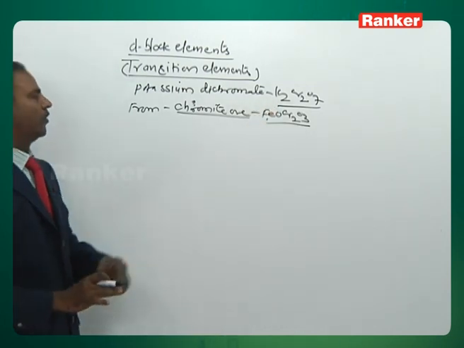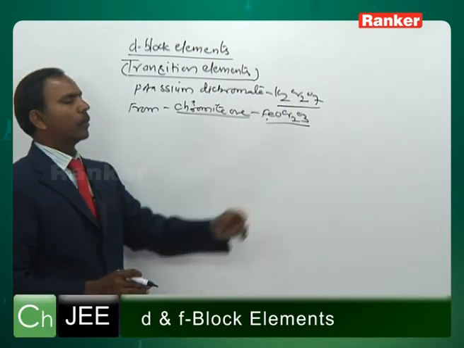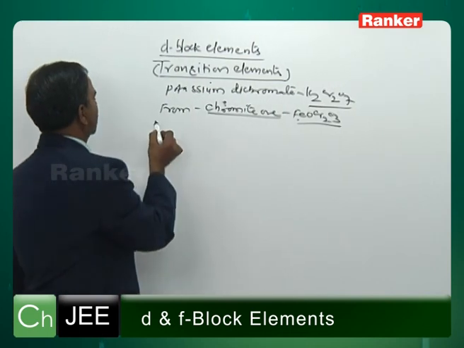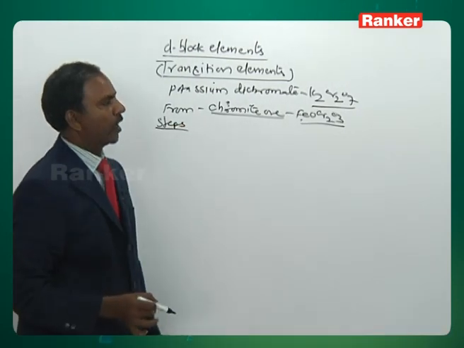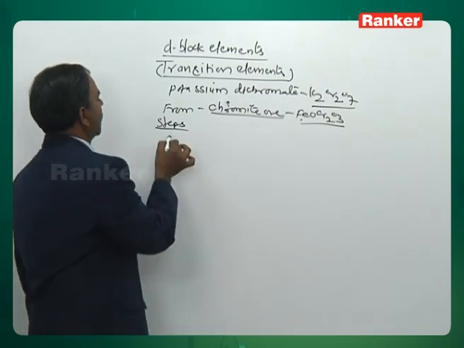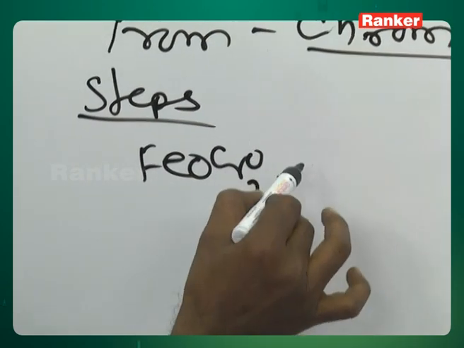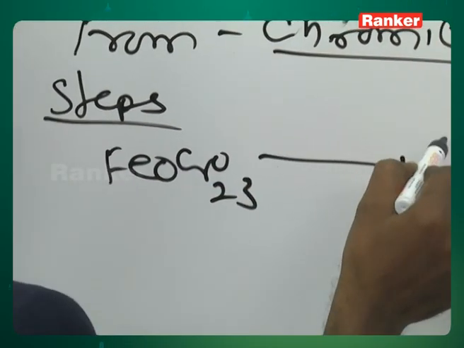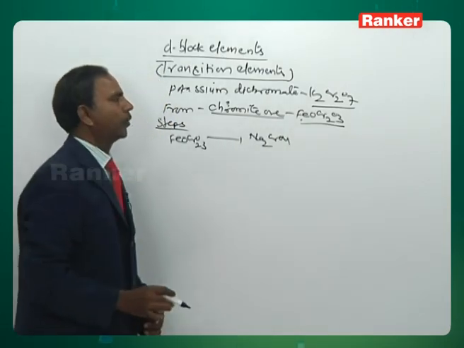It is also prepared in 3 steps. Let us see what are the steps involved in the preparation of potassium dichromate from chromite. Chromite, FeO.Cr2O3, in the first step is converted into sodium chromate, Na2CrO4.